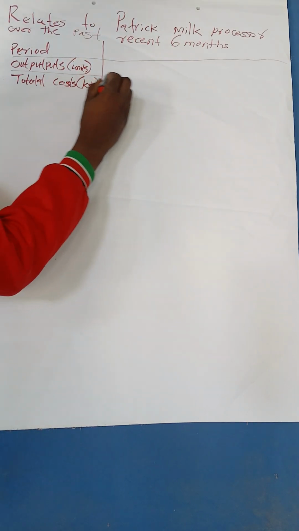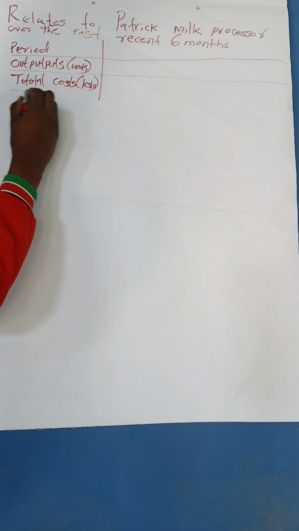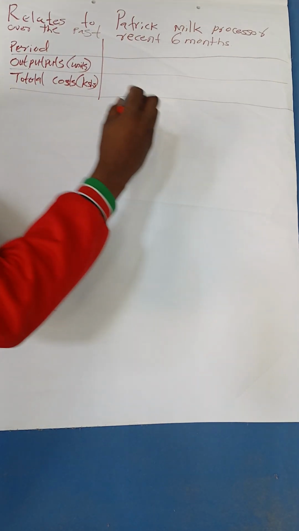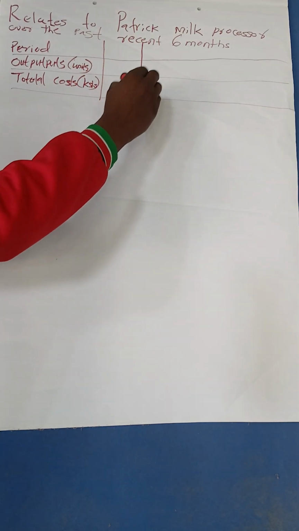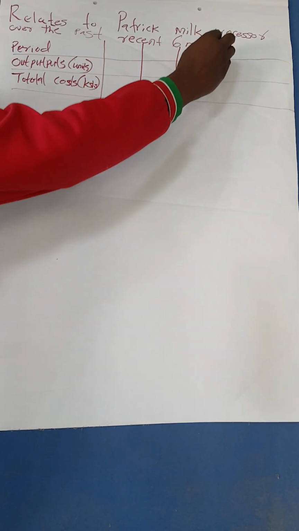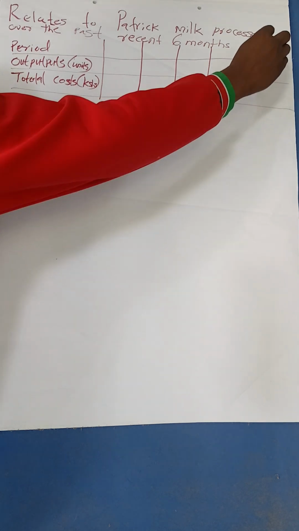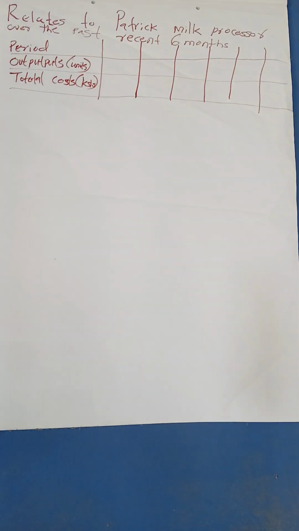So this is the data from Patrick Milk Processor, with periods 1, 2, 3, 4, 5, and 6. We want to estimate the cost and to forecast the cost in the next period that will be measured in the question. So let me give you the data now.